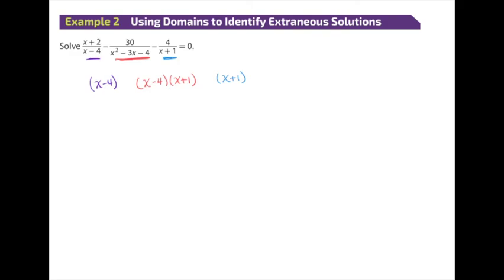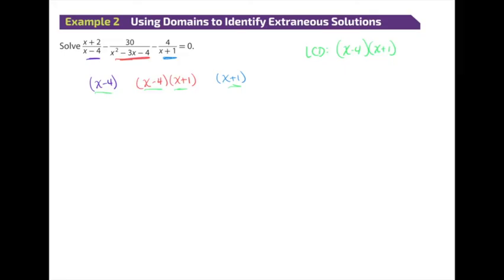So my denominator is going to include x minus 4, which takes care of these guys. And my denominator is going to include x plus 1, which takes care of those. So my common denominator here, my least common denominator, is just x minus 4, x plus 1. All right? So what cancels?